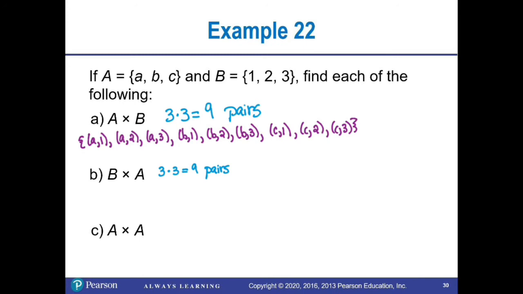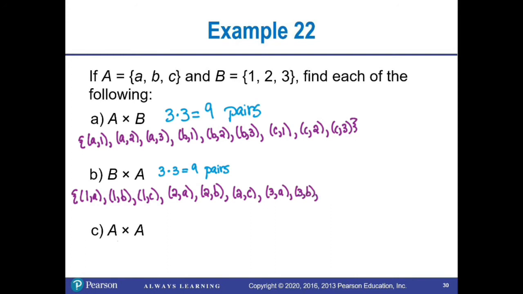So my first pair would be 1, a, then I'd have 1, b, and 1, c. Maybe I choose to start with 2, so I could have 2 with a, 2 paired with b, or 2 paired with c. Last, I could pair 3 with a, 3 with b, and 3 with c. And again, I have 9 total pairs.